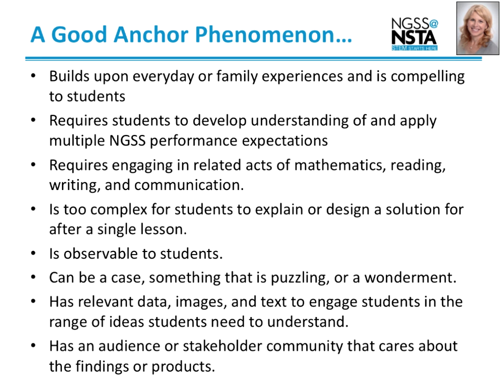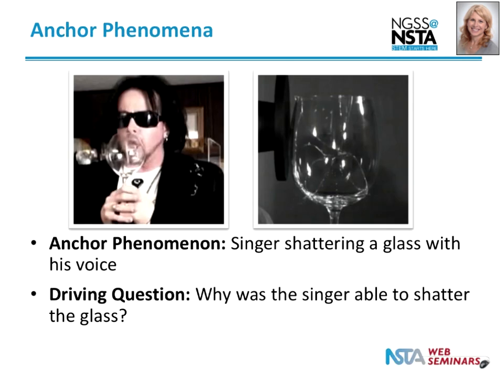Okay, great. Now that we have established a working definition of phenomena and some shared characteristics of good anchor phenomena, let's look at a few more examples. In this example, students want to build science knowledge to understand how a singer could shatter a glass with his voice.